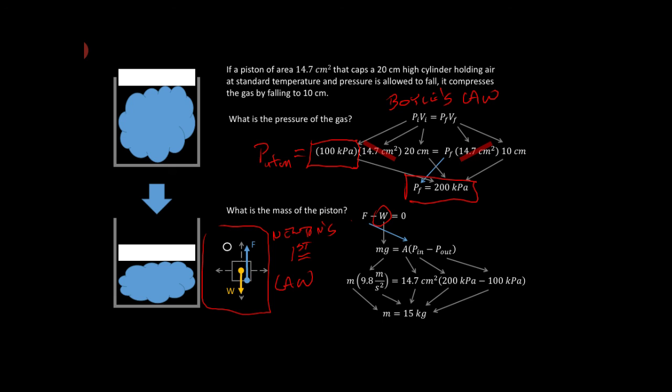We talked a little bit about that with buoyancy. Now we're using it here directly. Then we're plugging in numbers again because we have all the numbers, and that ends up giving us the answer of 15 kilograms. So first we use Boyle's law, which is a kind of conservation of energy thing, and then we use Newton's first law, which is balancing forces, and we're done.